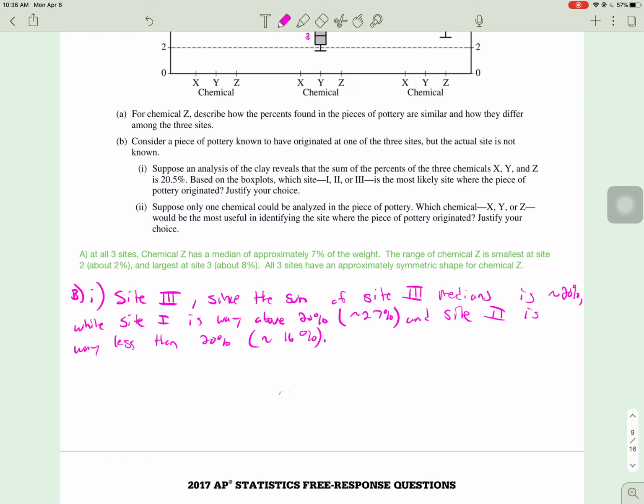Okay? Now, question 2 says, suppose only one chemical could be analyzed in the piece of pottery. Which chemical would be the best one to choose, the most useful in identifying where the piece of pottery originated? So to do this, I'm also going to counterexample it.